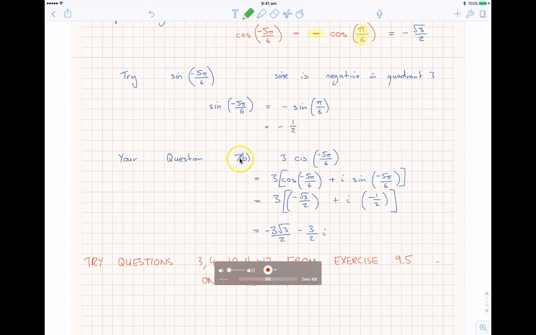So your question 7b that you had, I think you did the first part right. You expanded the acronym CIS so that you had z equals cos of minus 5 pi on 6 plus i sine of minus 5 pi on 6. But now we've just shown that cos of minus 5 pi on 6 is equal to negative the square root of 3 on 2, and sine of minus 5 pi on 6 is equal to negative a half.